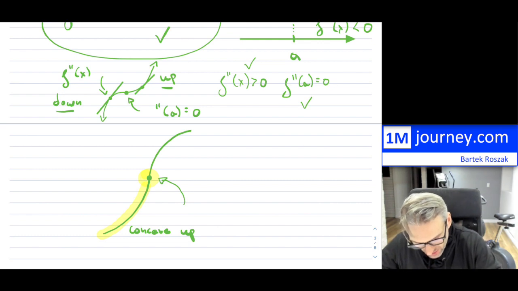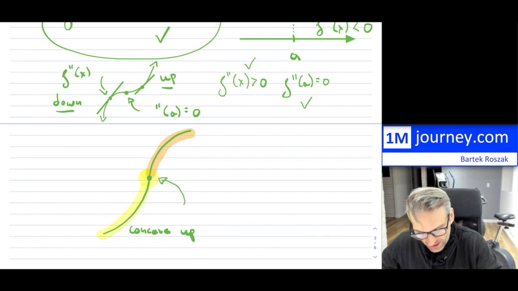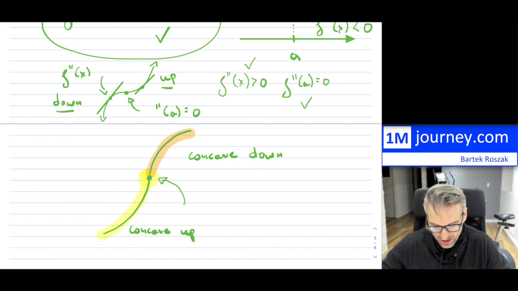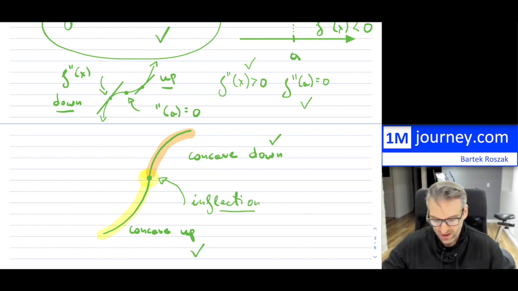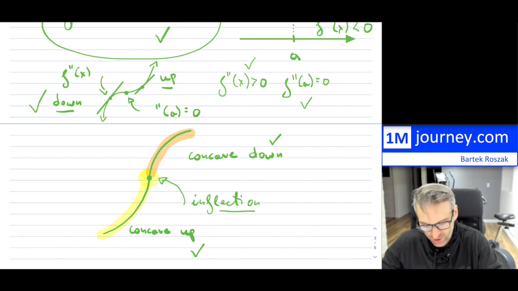And then it continues on in here, but now it's concave down. So now you again have an inflection point, but now it's an inflection point from up to down. And here it was from down to up.